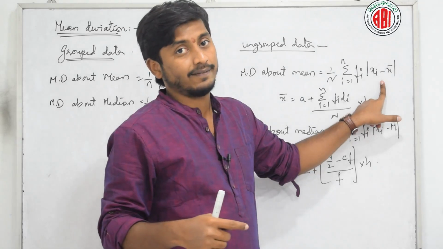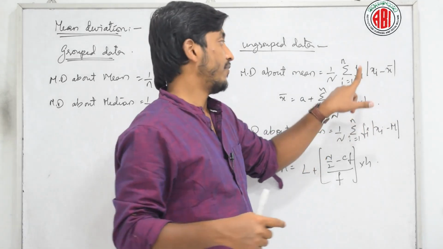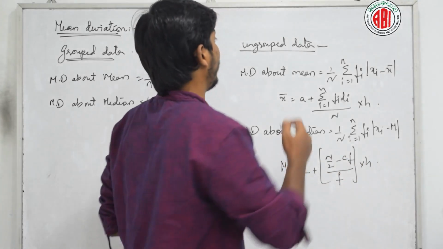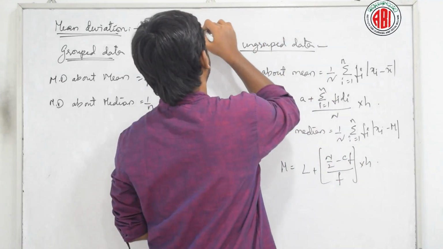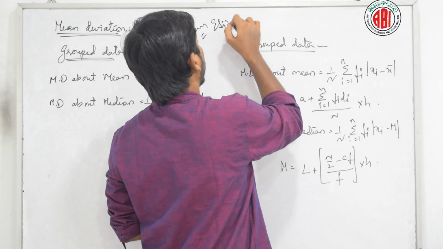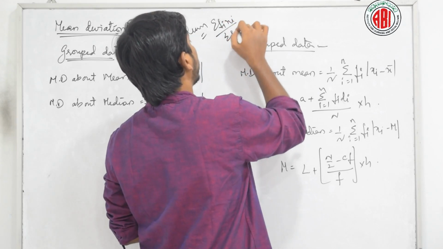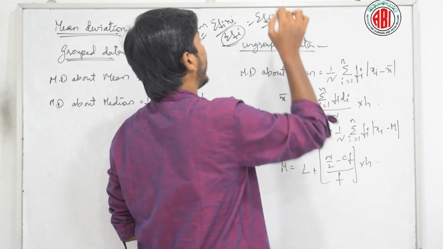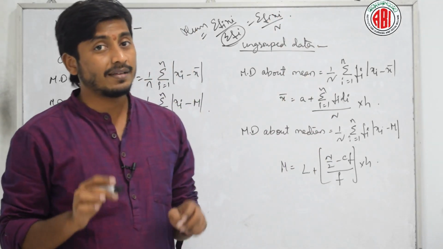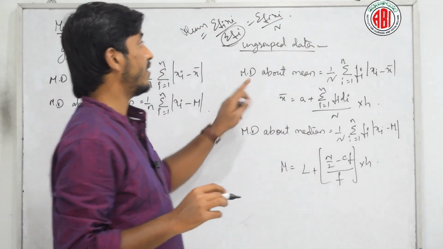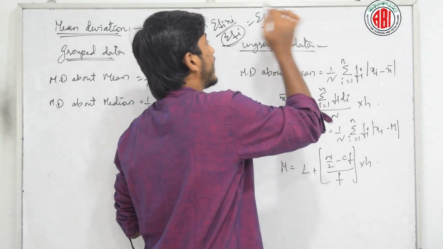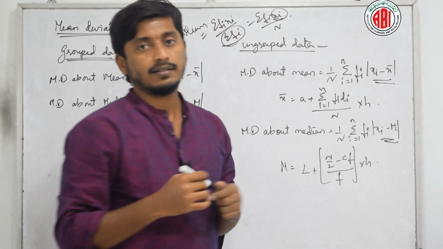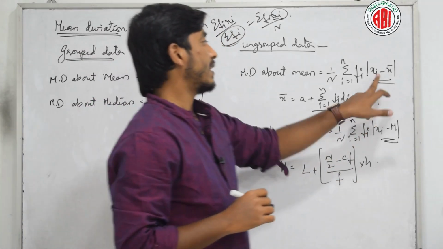What is the standard formula of the mean? The mean formula is summation fi xi by summation fi. This is nothing but summation fi xi by n. That is the mean formula. Then in the mean deviation formula, instead of this xi, we will write the deviation, that is xi minus x bar.